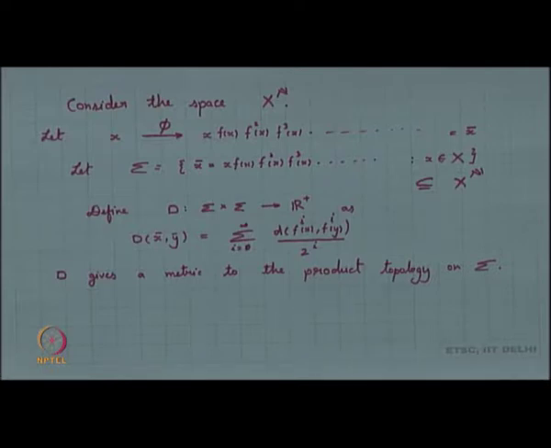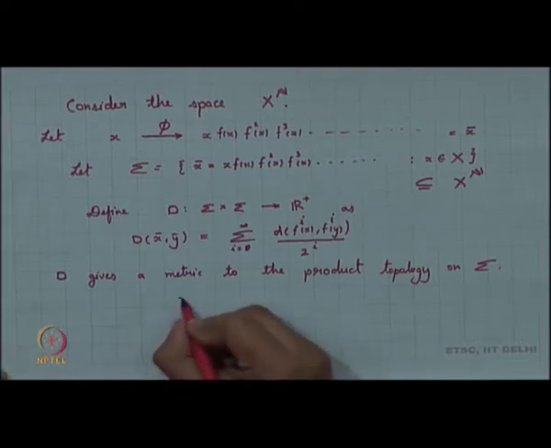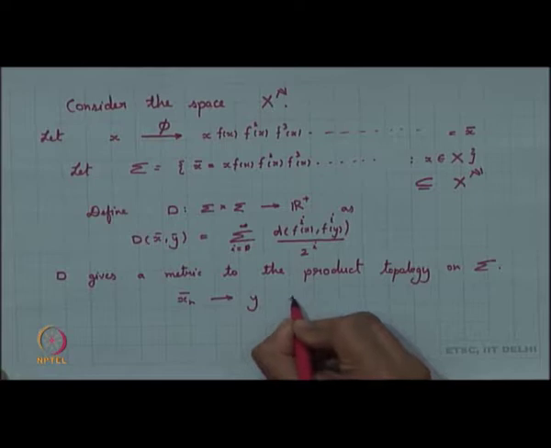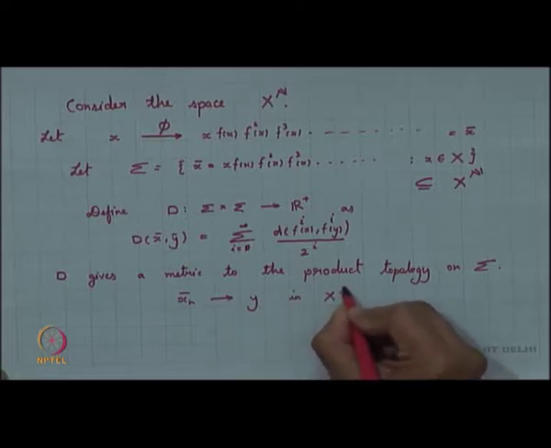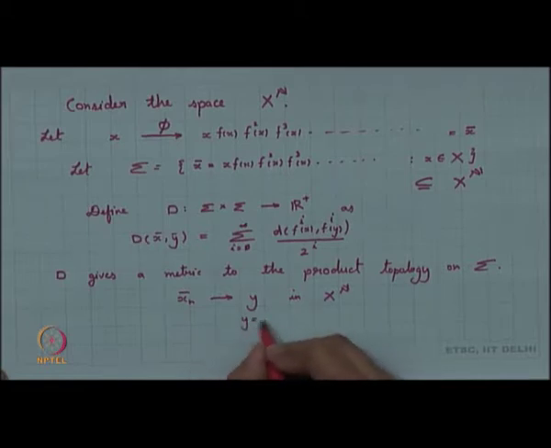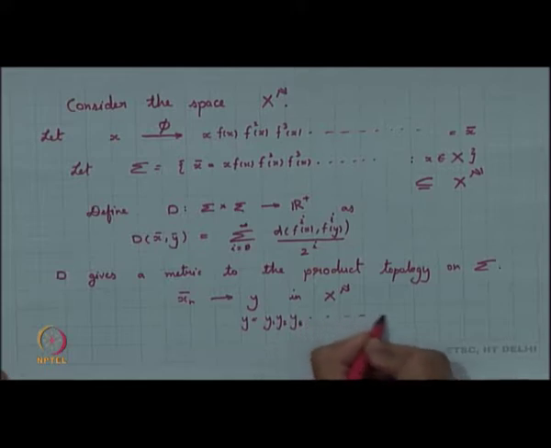Now, there is another fact of sigma that we can think of. What happens if I take the closure of sigma? What is the limit point of sigma in X to the power N? Supposing I have x n bar converging to some point y in X to the power N, I can write y equal to (y 1, y 2, y 3, and so on).